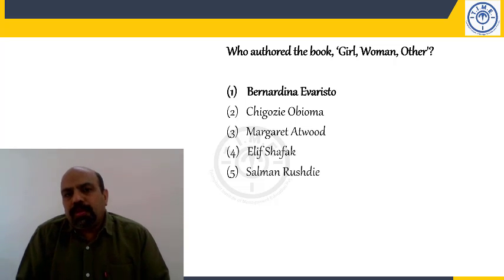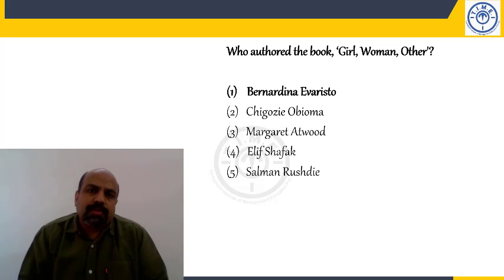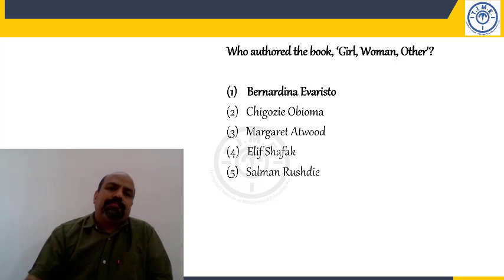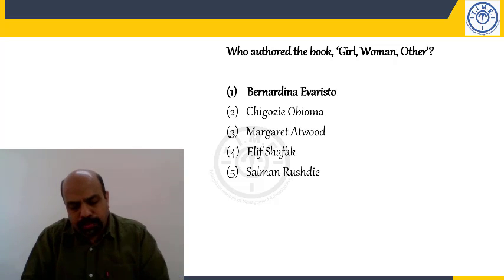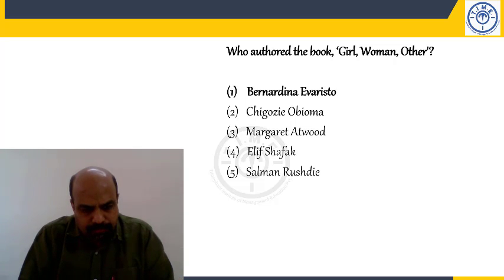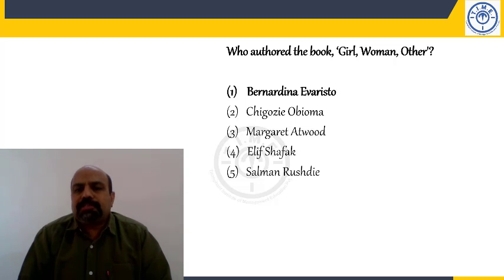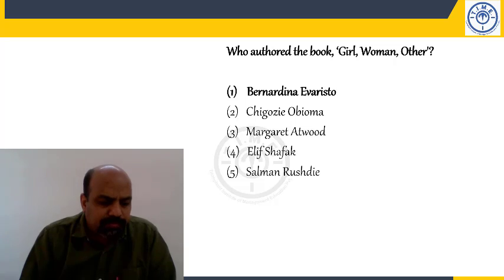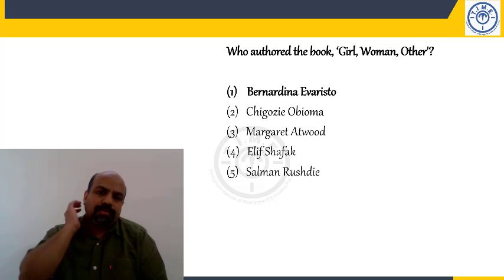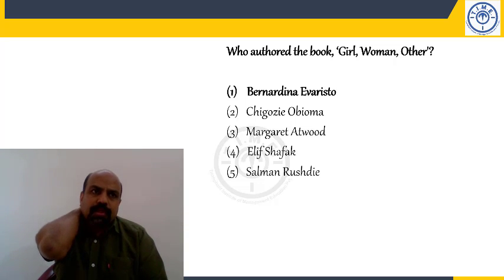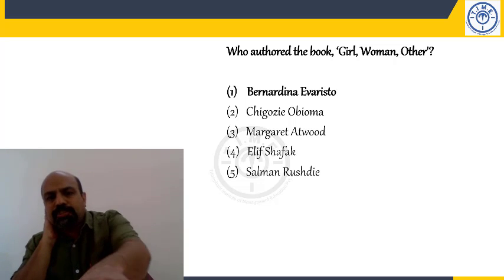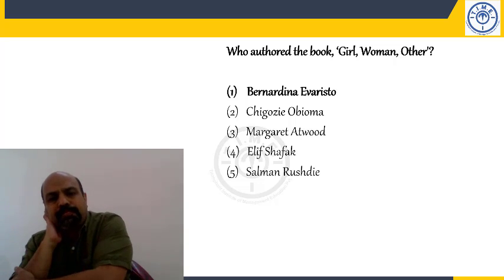Dash, co-winner of 2019 Booker Prize. Dash, along with Margaret, choice 3, Margaret Atwood's.